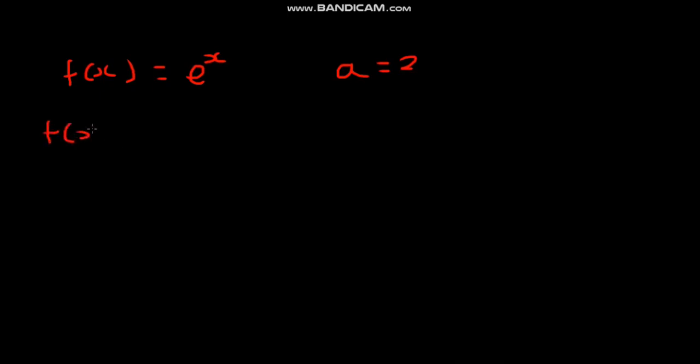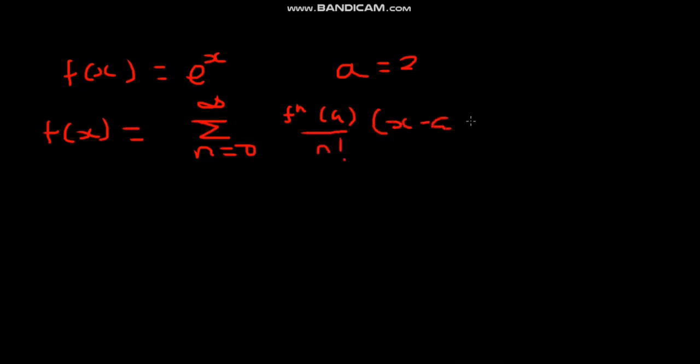So the general formula of f of x will be equal to the sum from n equals 0 to infinity of the nth derivative of the function at a over n factorial times x minus a to the power n. Now in this case, a is given to us to be 2.